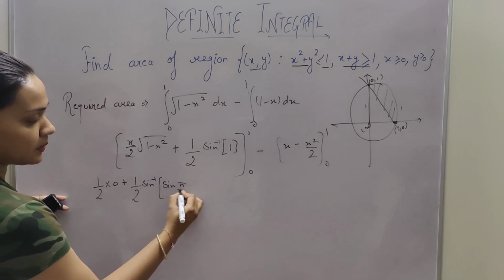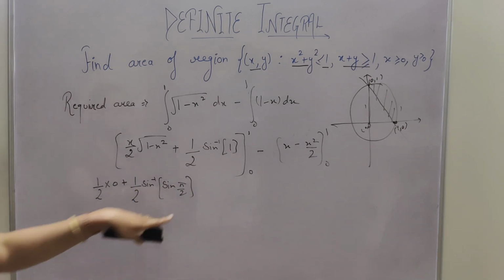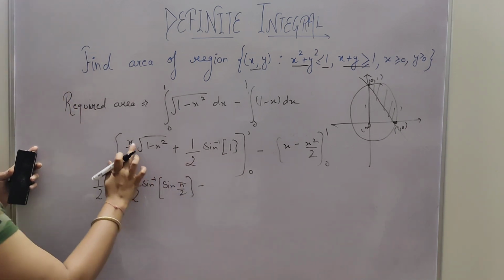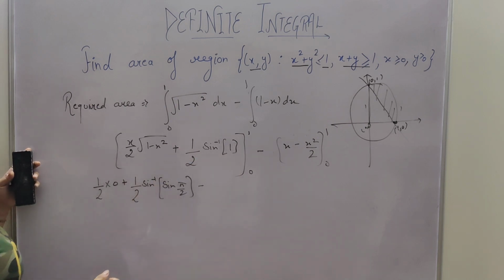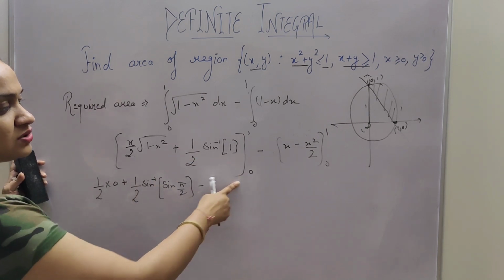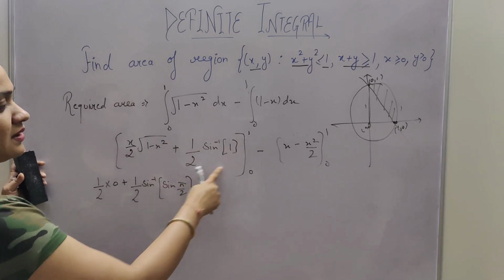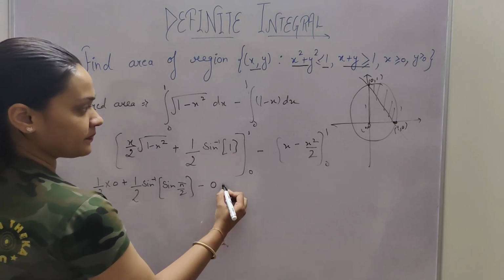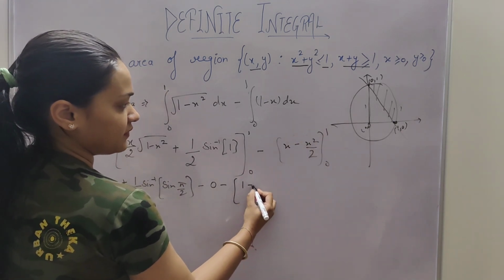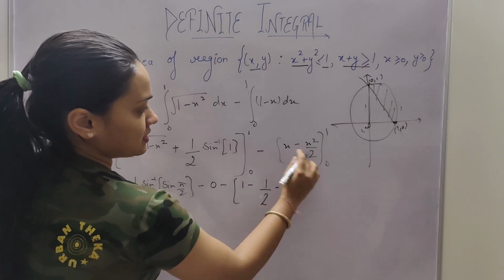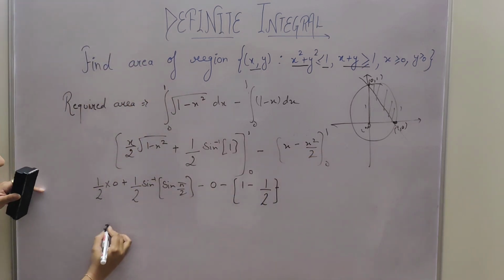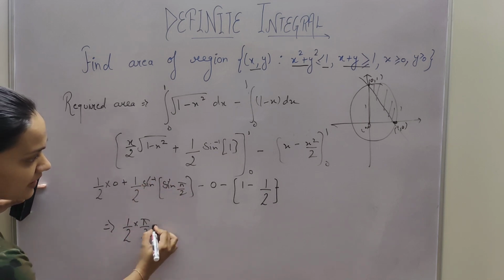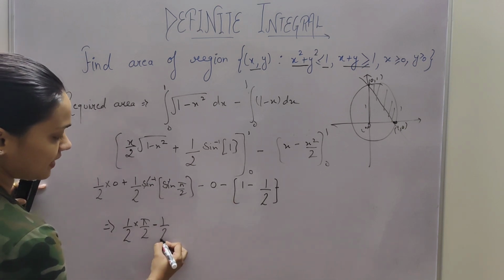Sine inverse 1 is 180 upon 2, it's sine 90, which is equal to 1. Minus, if we put the value of 0, it comes 0. Again, if we put the value of 0, the whole equation goes 0, minus, putting the value of 1, 1 minus 1 by 2, minus 0 and again 0. So pi upon 2 minus 1 by 2.